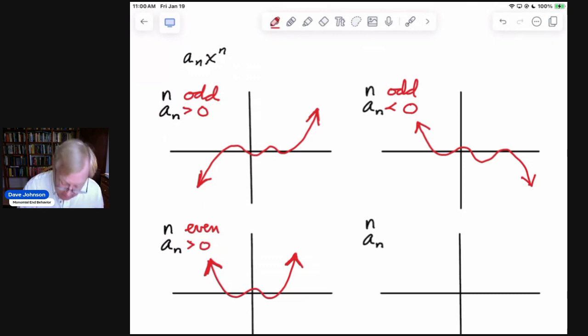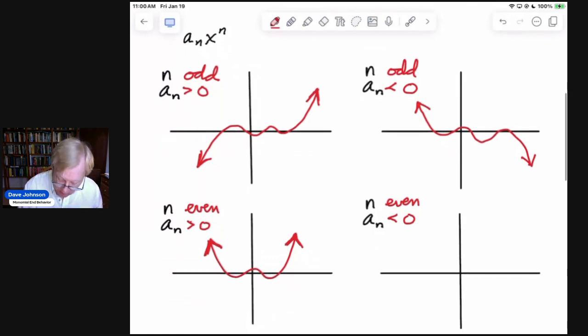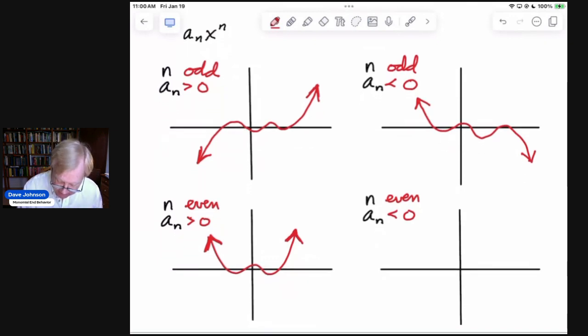And finally, suppose n is even, but the leading coefficient is negative. Again, we're going to switch. If we start high and end high for a positive leading coefficient, then we start low and end low for the negative leading coefficient. So it'll look something like this.